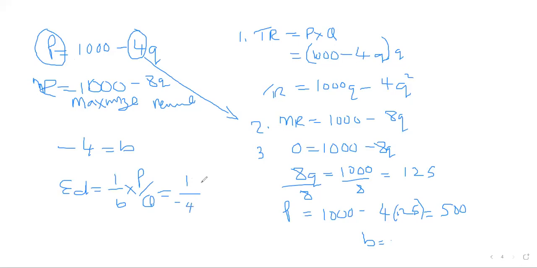Our price we calculated to be 500. And our Q, 125. Whenever we're asked to maximize revenue, the answer is always -1. The elasticity of demand to maximize revenue is -1.